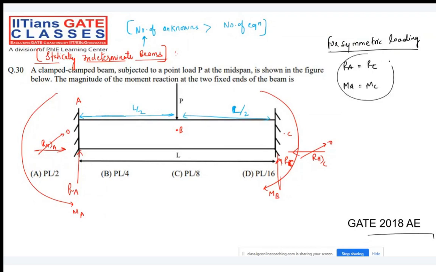Because of the symmetric nature of the loading conditions, the moment at both the ends, that is the reaction moment, remember, these are the reaction moments. This reaction moment will be the same, and whatever the vertical reaction force will be there, that reaction force will also be the same, right? Make a note of it.